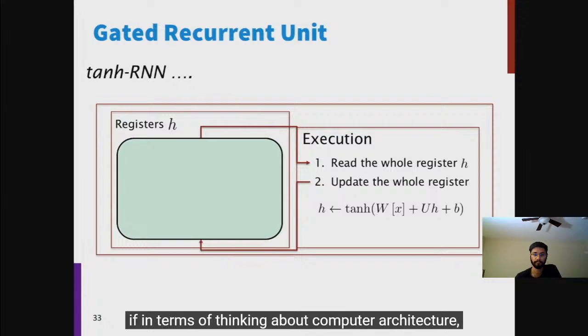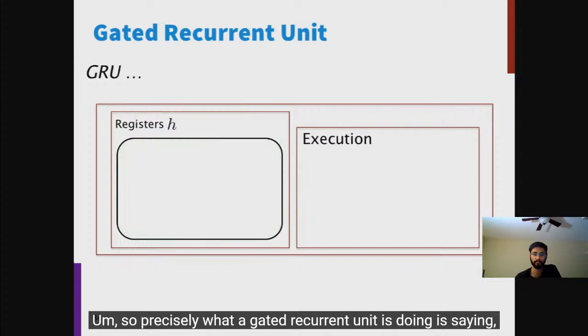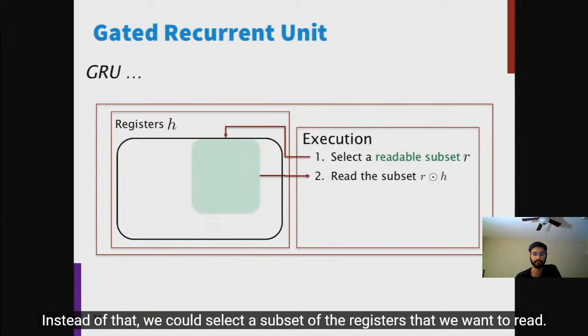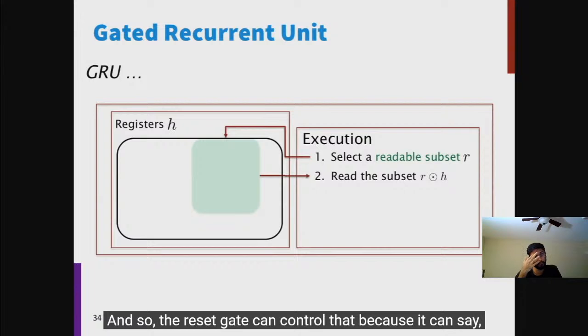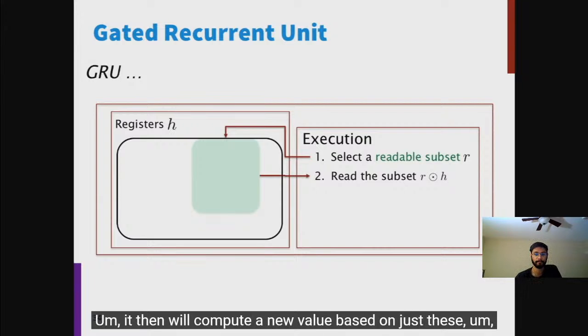In terms of thinking about computer architecture, that sounds like a pretty bad way to implement a simple computer. So precisely what a gated recurrent unit is doing is saying, maybe we could have a slightly more sophisticated little baby computer. Instead, we could select a subset of the registers that we want to read, and the reset gate can control that because it can say, just ignore a bunch of the other registers.